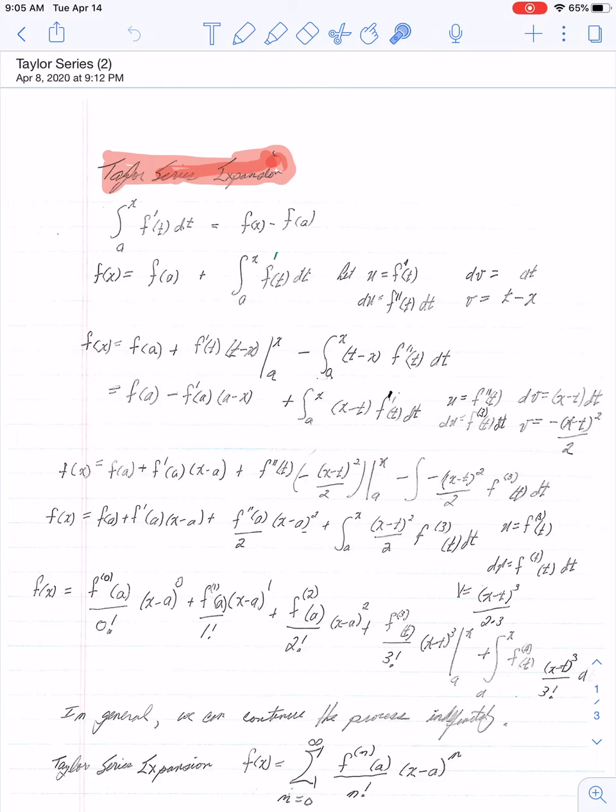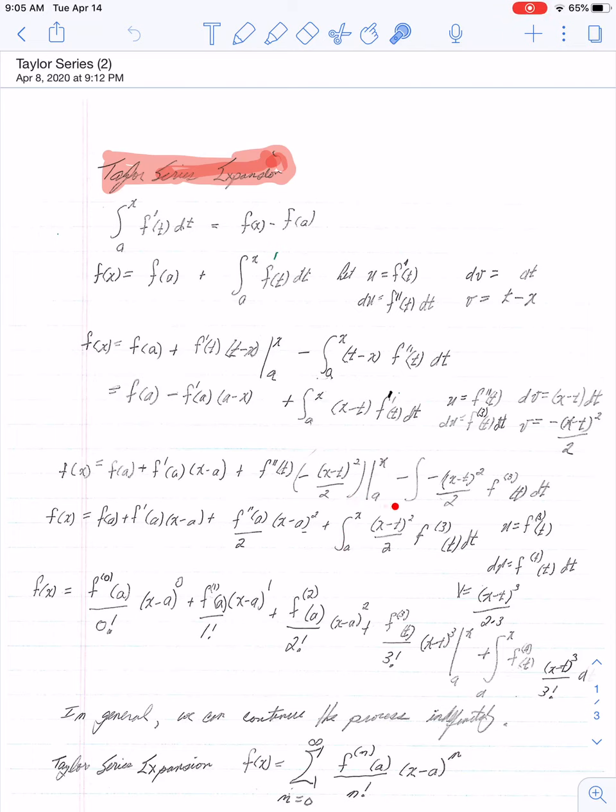Now when I clean this up, these two minuses go away. I get a plus. When I plug in x at the top, I get 0. When I plug in a at the bottom, I'm going to get x minus a, and this minus goes away because it's going to be minus a minus. So now I'm down to here with this thing again.